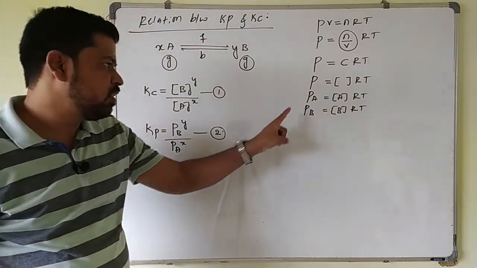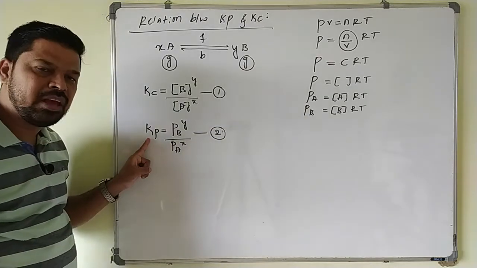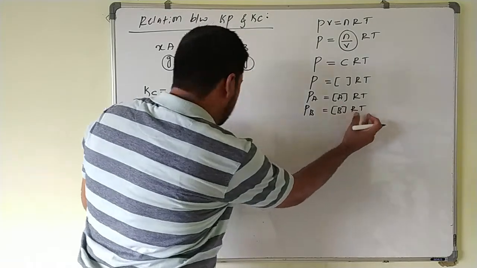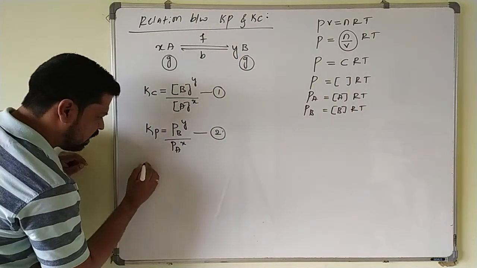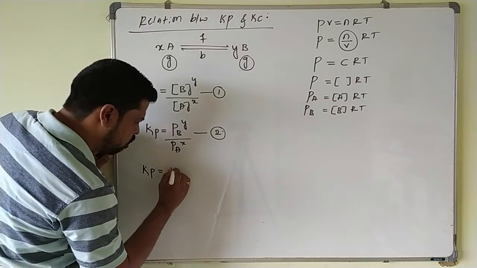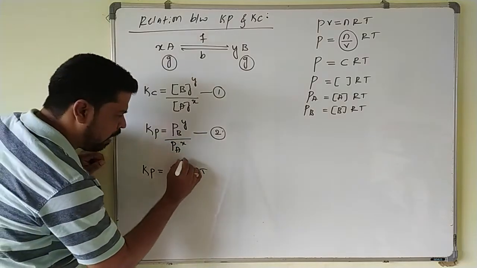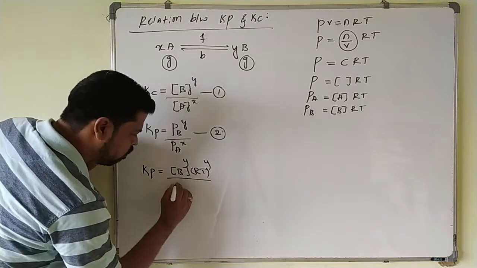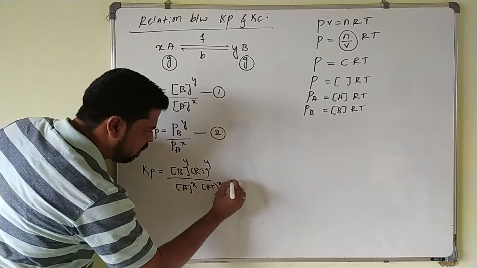Now substitute these partial pressure values of A and B in the Kp equation. PB is molar concentration of B into RT, and the power is y. PA is molar concentration of A into RT, and the power is x.